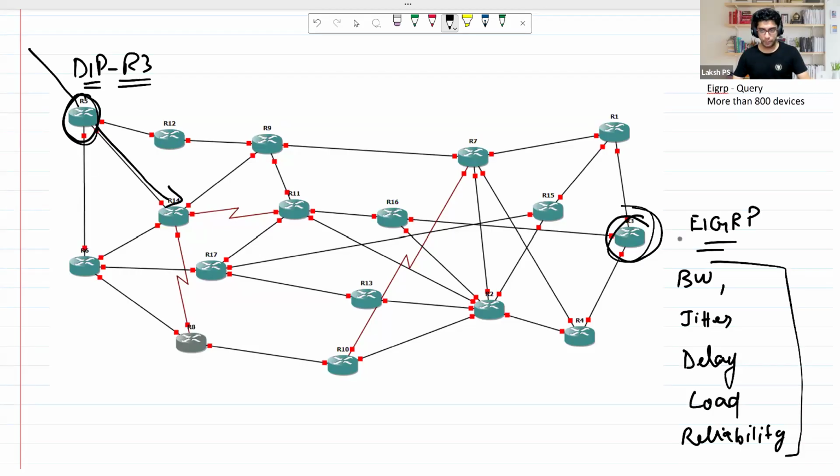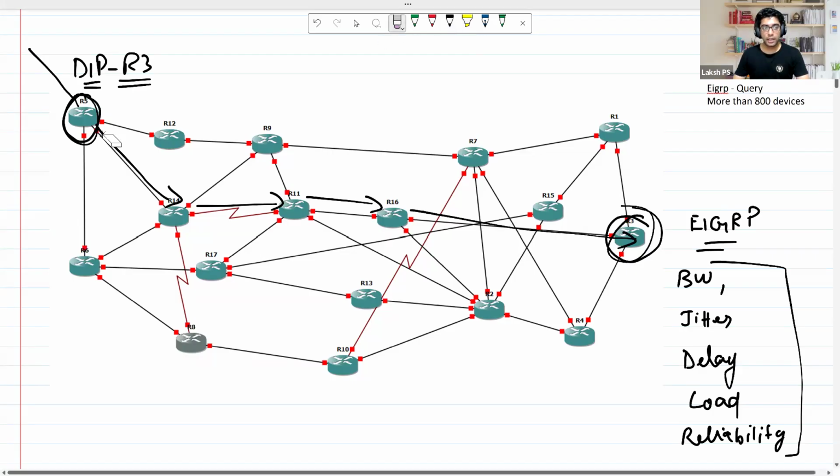R14 will again calculate using these 5 parameters which is the best next hop, right? Let's say it is R11, from R11 to R16, R16 to R13, right? So every router is calculating the next best hop using these 5 parameters.